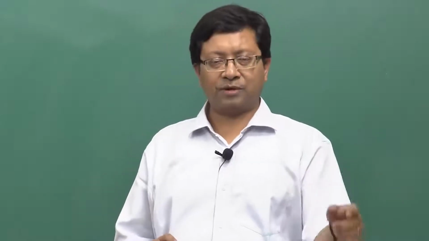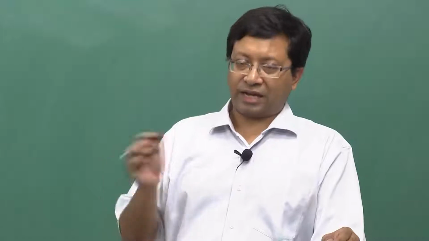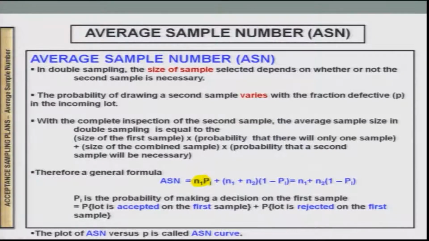So, the suffix denotes at which stage. And in the second case, when we use the second probability, it is the sum of these. This is the total sample size, multiplied by the probability that the second sample is needed. So, this is 1 minus P1, because if P1 is already taken care of for the first stage, then obviously 1 minus P1 is there for the second stage.